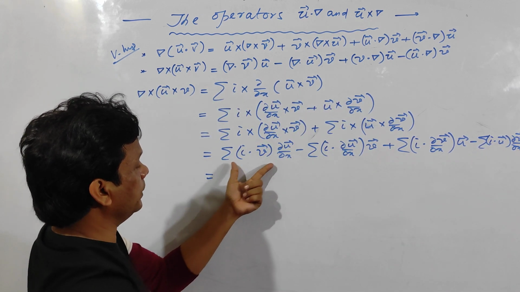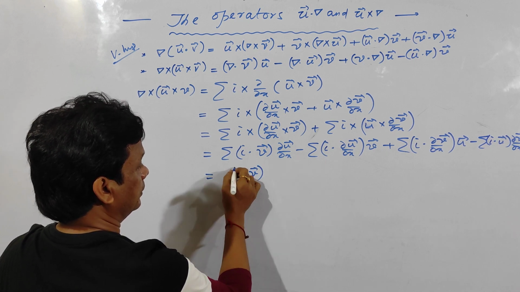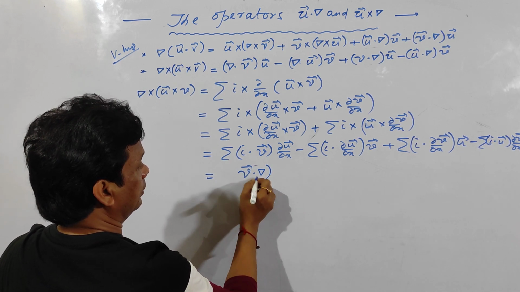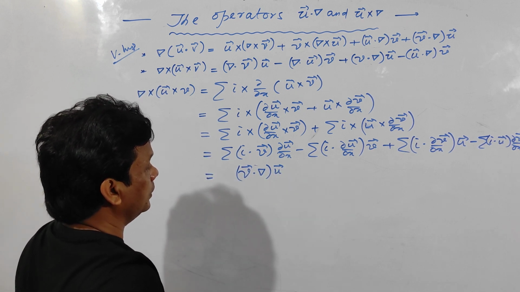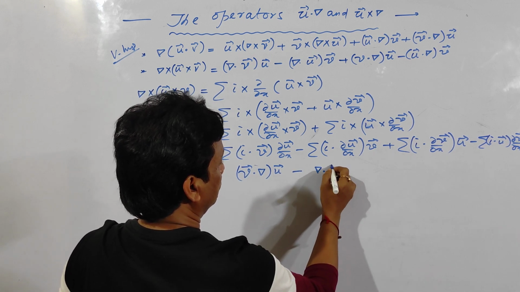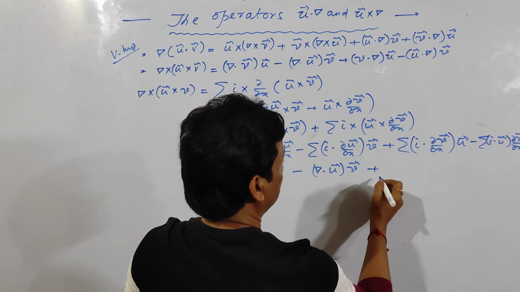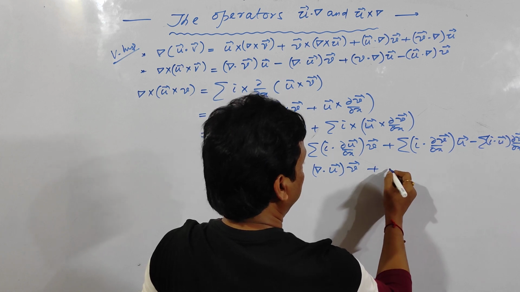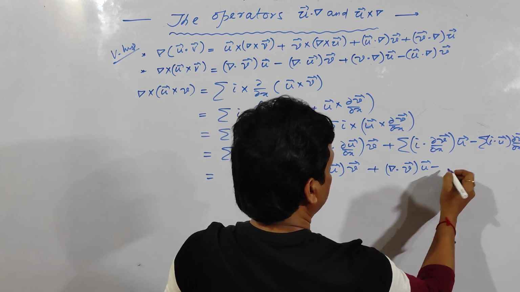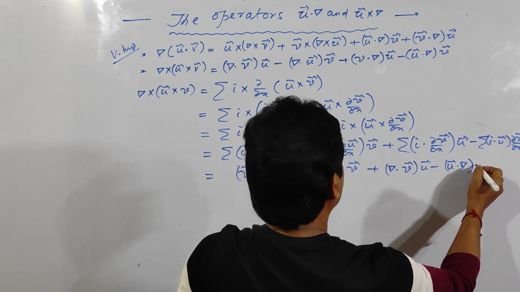Now see here, this one is v dot del of u, and this one del dot u into v, plus this one i dot del by del x, that means del dot v into u, minus this one u dot del into v.